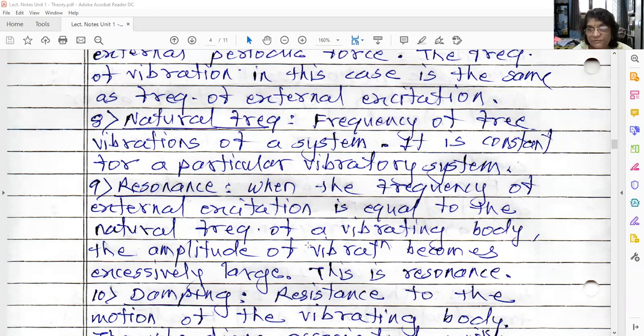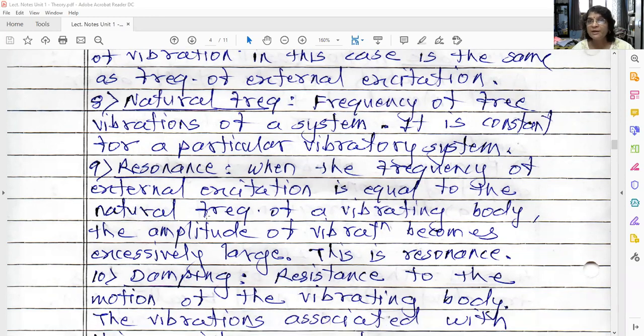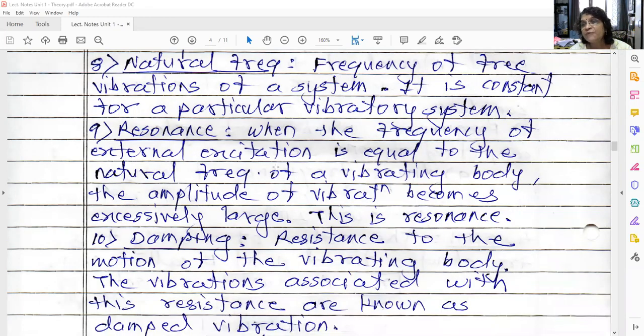Okay, because in forced vibration, the body will vibrate with omega, and if this omega is equal to omega n, it will create resonance, which we always try to avoid. And that is the main purpose of studying this vibration, that resonance we have to avoid. So to avoid the resonance, we must know omega, we must know omega n. So omega, it is in our hand.